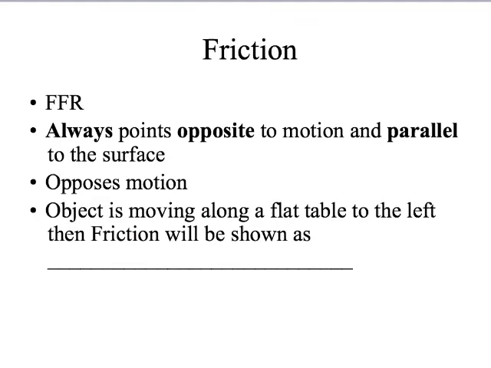Friction, F sub F, you can do FR or you can do just F. The force of friction will always be opposite the motion. All right, so if your applied force is to the right, your frictional force will be to the left. Okay, if you think about it, when you roll a ball along the floor, friction slows it down.